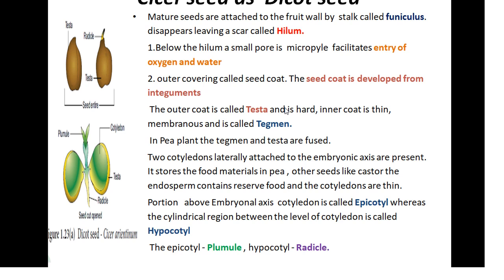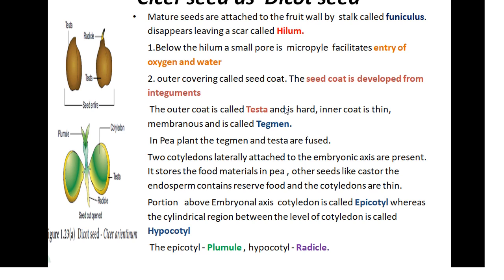Okay, what are all the structures which are present in the dicot seed? For example, the gram seed. The mature seed is attached with the fruit wall by the stalk called funiculus. Yes, the fruit is fused with the seed because of the funiculus. You know what a funiculus is, I have covered it in the previous videos.